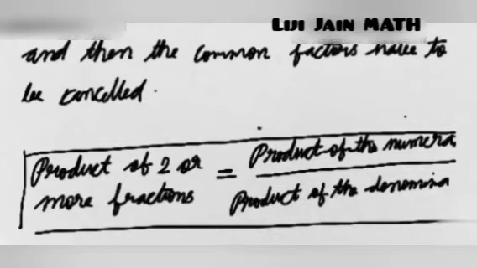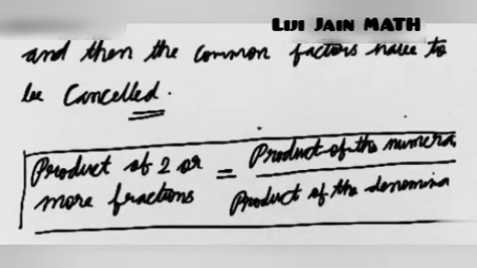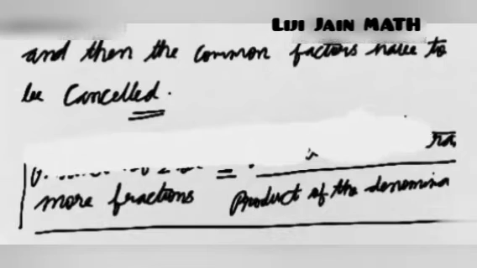Got it? What is the rule for multiplying two fractions? Product of the numerators by product of the denominators. After that, we have to cancel the common factors. That's all. Got it? So let's write one example.